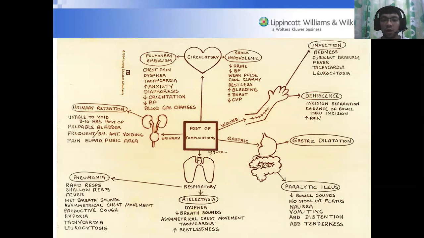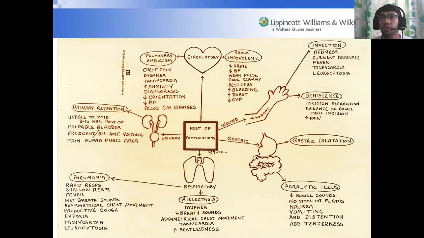Atelectasis, or lung collapse, can occur. Signs and symptoms would be dyspnea, decreased breath sounds, asymmetrical chest movement, and tachycardia together with increased restlessness. Pneumonia, most especially if the patient is immobile for a long period of time, is known as hypostatic pneumonia. Rapid respirations are felt together with shallow respirations. Fever can occur.